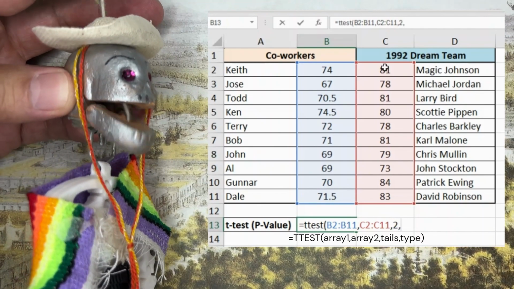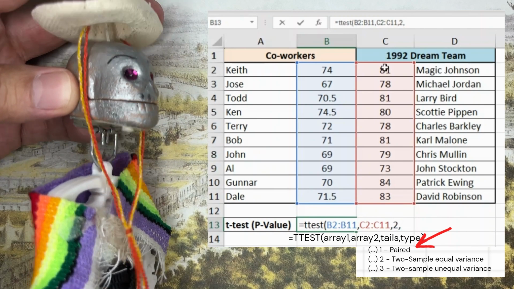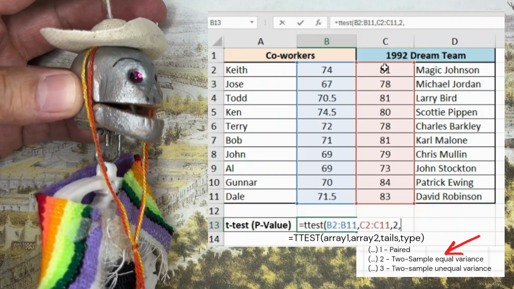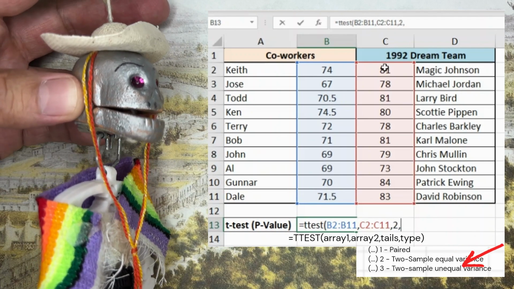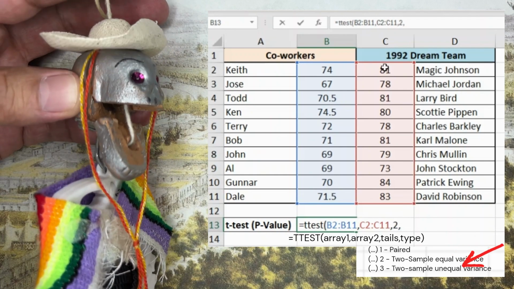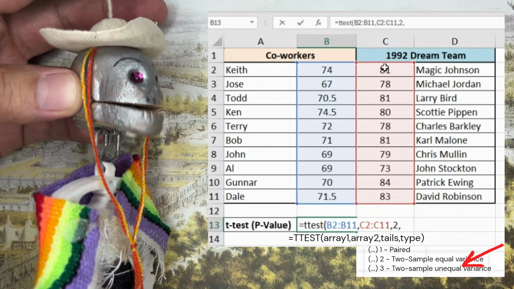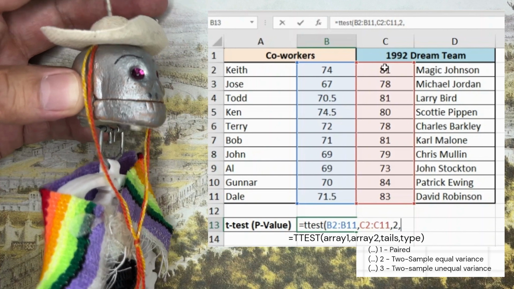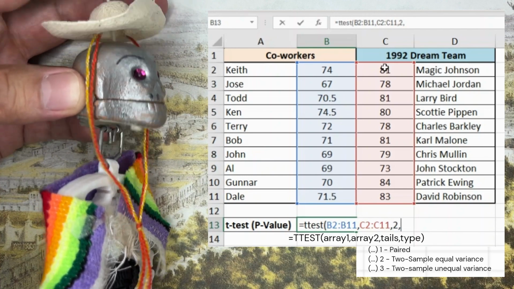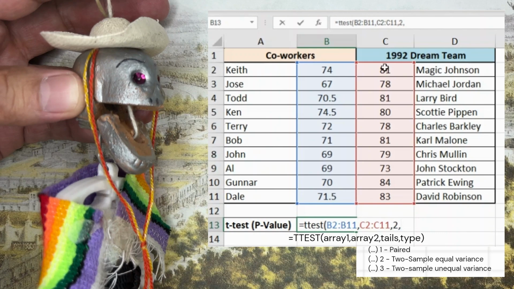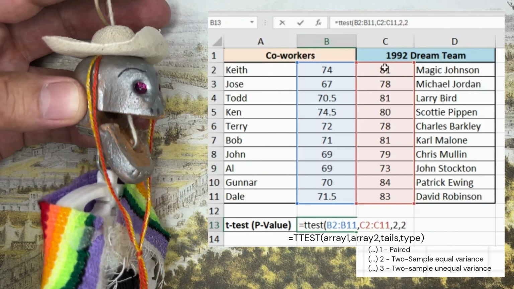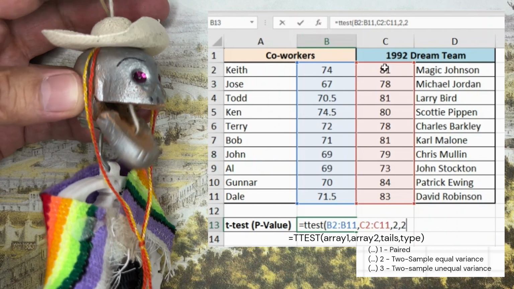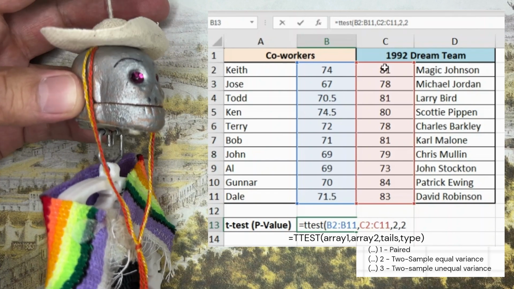Then you need to type 1 if it's a pair sample, 2 if it's a 2 sample with equal variance, or 3 if it's a 2 sample with unequal variance. In most cases, when you are comparing two populations, the assumption is that both populations follow a normal distribution with similar variance, so type 2, unless you have performed a previous study and you know that the populations have different variances.